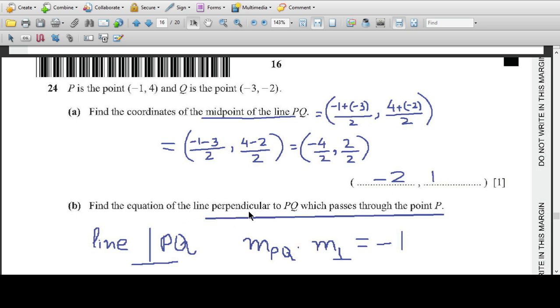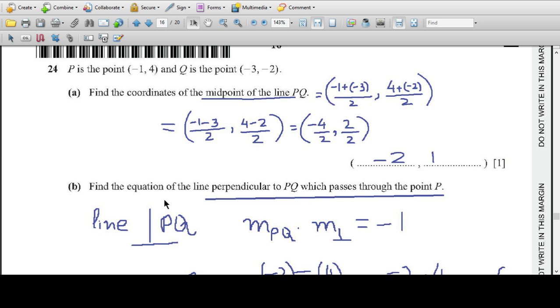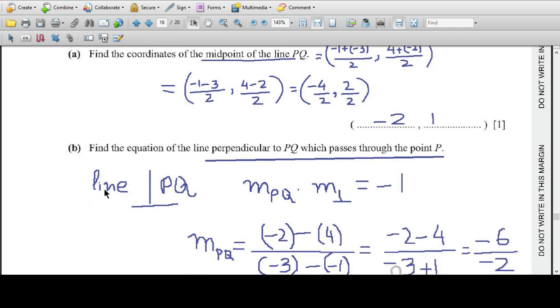Find the equation of the line perpendicular to PQ. These points create a line, and we have to find the equation of the line that is perpendicular to this line PQ and passes through the point P. So we have to obtain a perpendicular line to PQ. The gradient of PQ multiplied by the gradient of the line perpendicular to PQ is equal to minus 1.